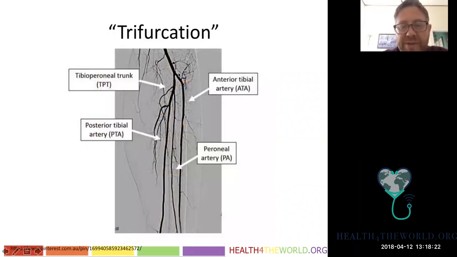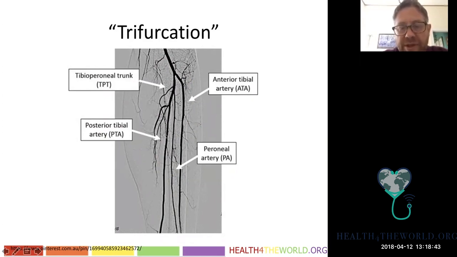So again, here's the anterior tibial artery coming off as the first main branch of the popliteal, and then you're going to have this TP trunk going straight down to the peroneal, also called the fibular, and it's going to give off the larger posterior tibial. All right.